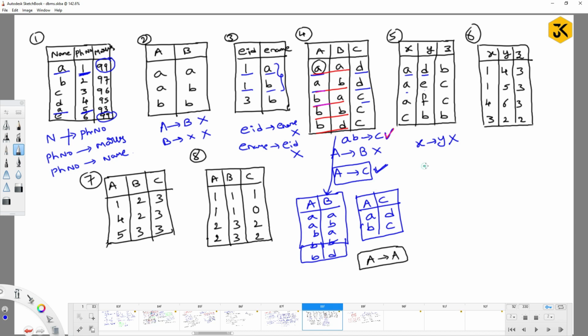Can I say that XY determines Z? Yes, it is possible. XY itself is unique, so I can say that XY determines Z. Similarly, does Z determine Y? Yes, it is possible. You can check.